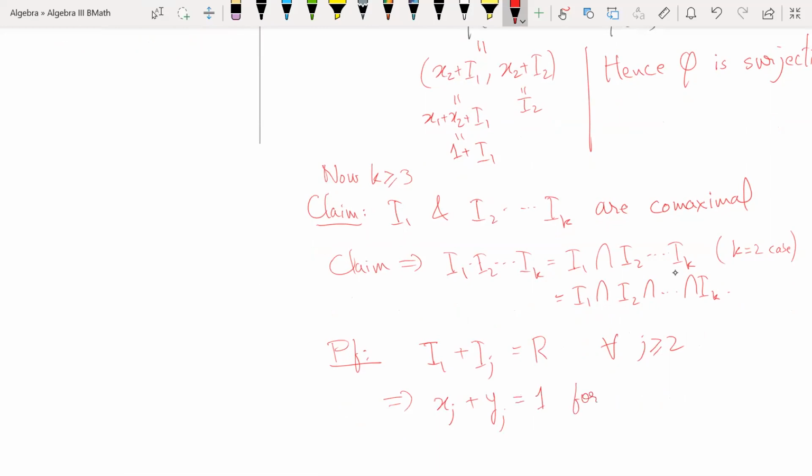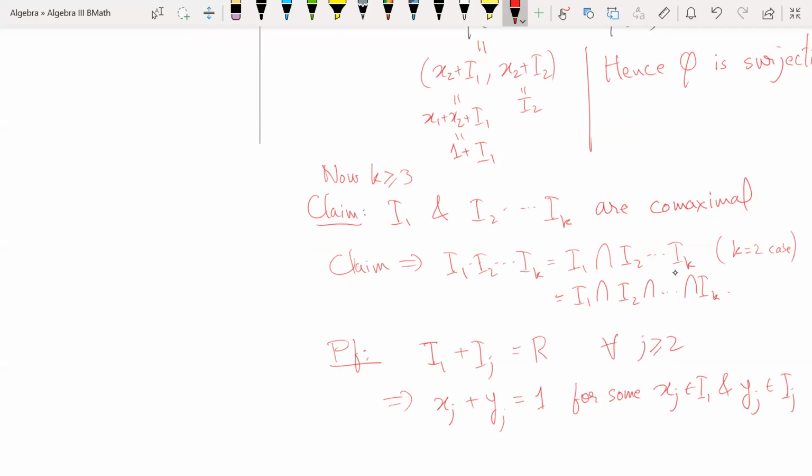The xj is in I1 and yj is in Ij, but you can't find the same xj for all the Ij's. The xj will depend upon which Ij you are taking.